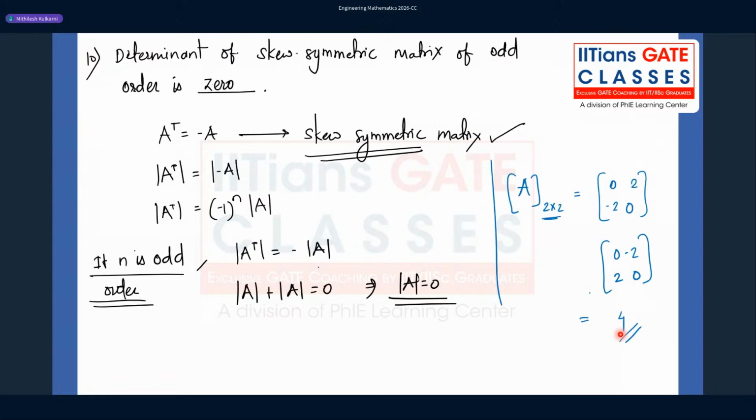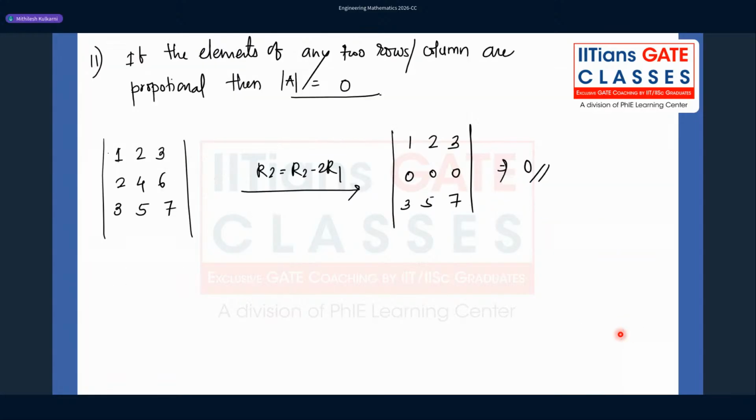Next property: if the elements of any two rows or columns are proportional, then the determinant is 0.